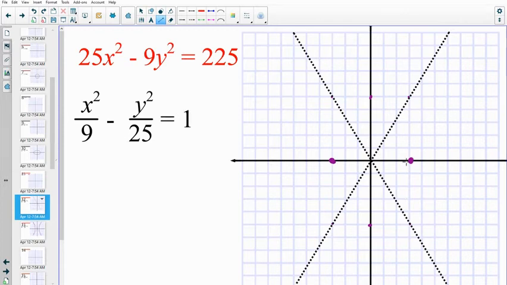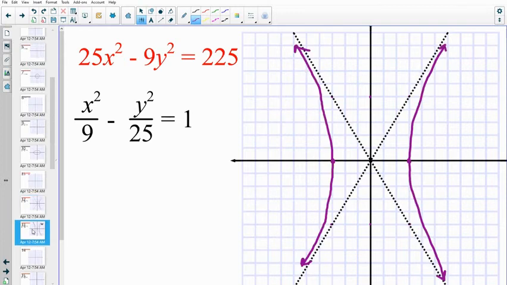And then for drawing this, I know that the graph itself goes through these vertices, straight up and down, approaching the asymptotes. And I took my time earlier and made a slide that looks a little bit better than the one that I was in the process of making, to make a hyperbola that looks like this, a hyperbola that opens to the left and to the right.